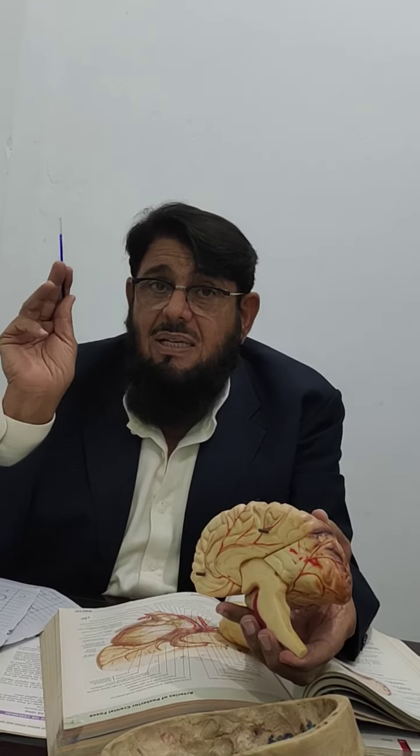At this point, note one point: the internal carotid artery supplies the sensorimotor cortex of the opposite side, and it also gives the ophthalmic branch to supply the retina.